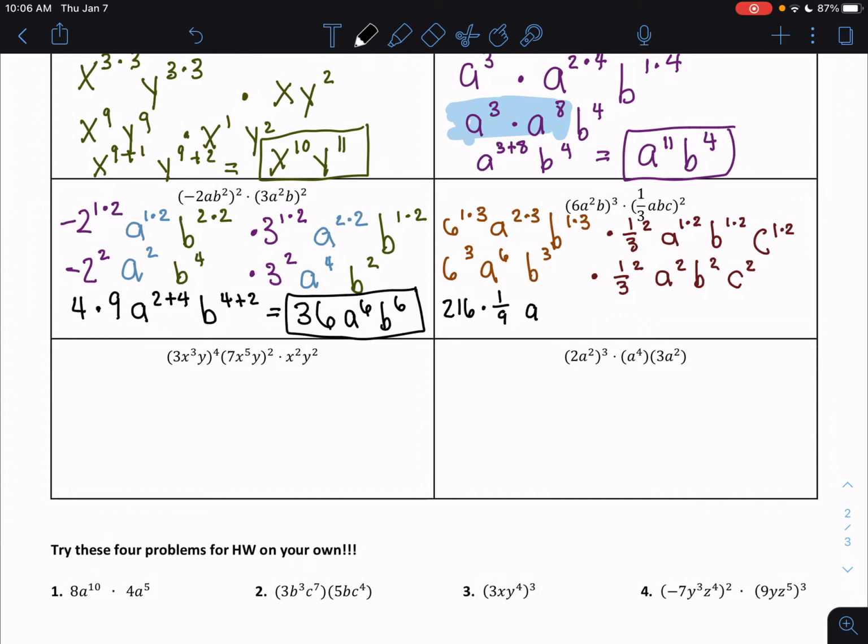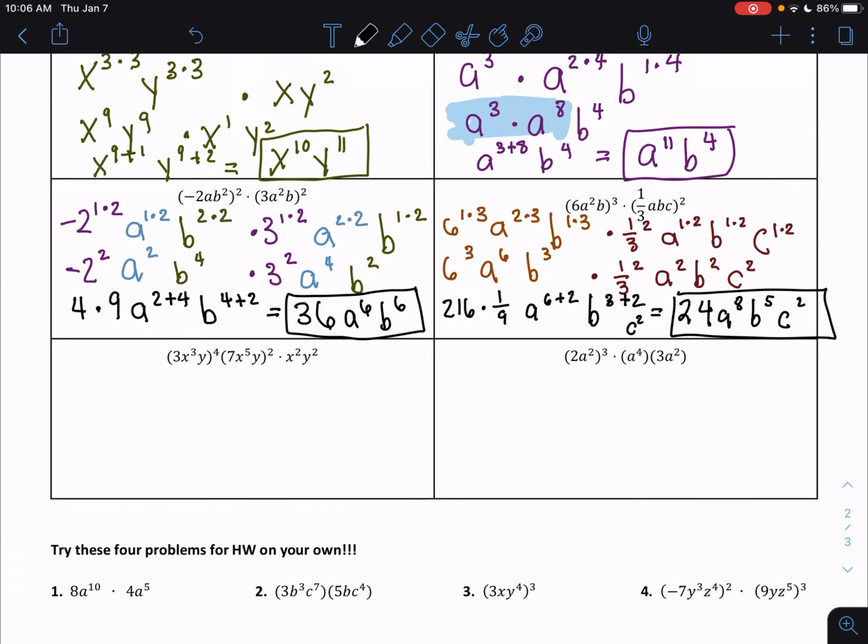So a to the 6 plus 2, b to the 3 plus 2. 216 times 1/9, you can do that in your calculator. It is 24. Times a to the 8th, b to the 5th. Oh, I forgot c. And c squared. Put it down there. There we go.